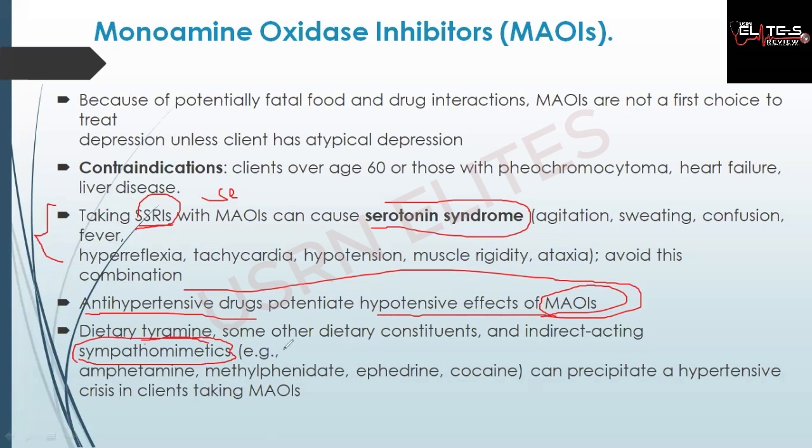And drugs that elevate almost all vital signs. If you know your uppers and your downers very well, I think you can catch it up easily. Amphetamine, methylphenidate, ephedrine, cocaine, they are all sympathomimetic.